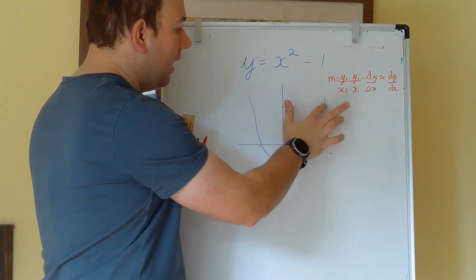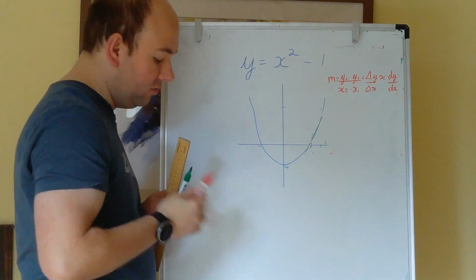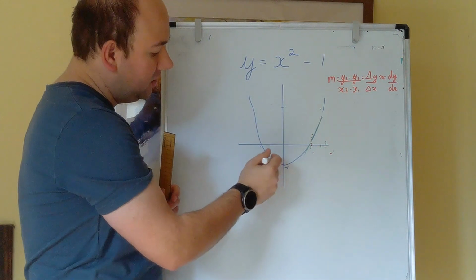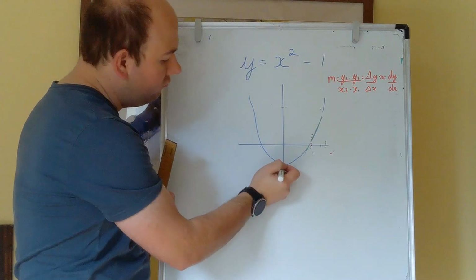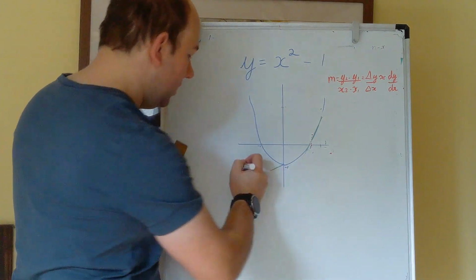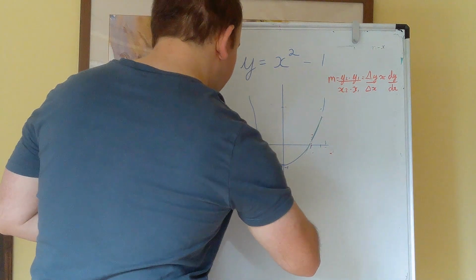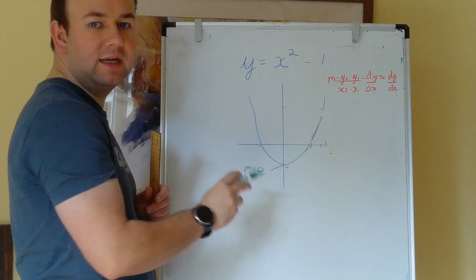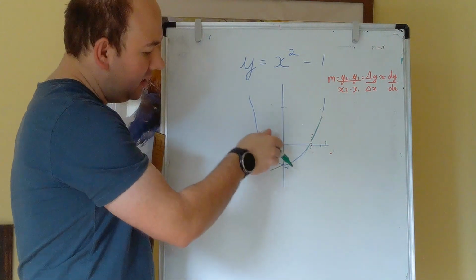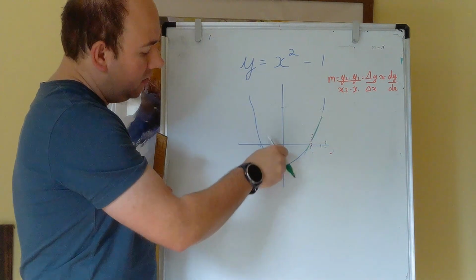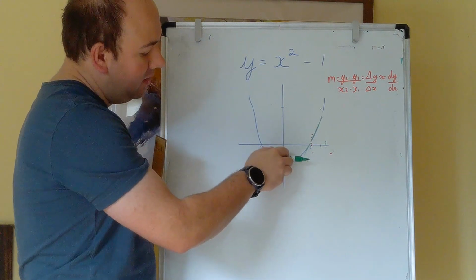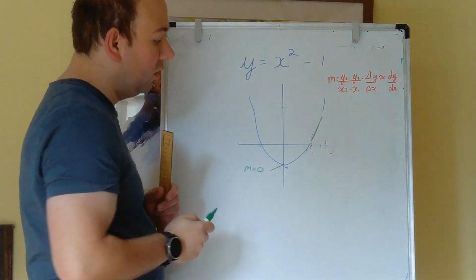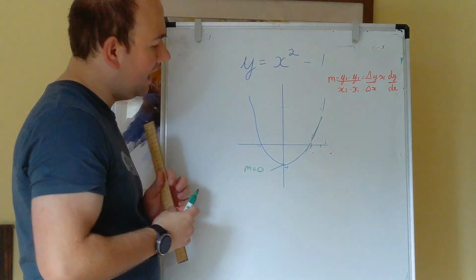I'm going to point out a general observation about this graph. At this point here, the gradient m is equal to 0, because this is what's known as the stationary point, or turning point. The gradient has become less steep, it's going to level off and then start getting steeper as we go onto the positive side of the x-axis.